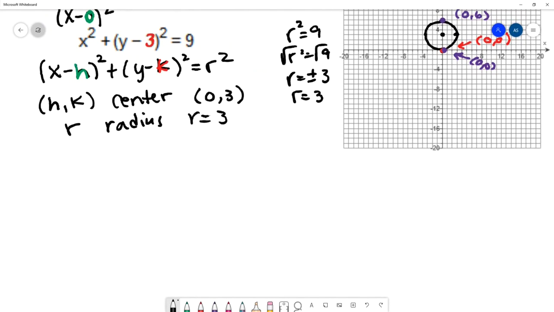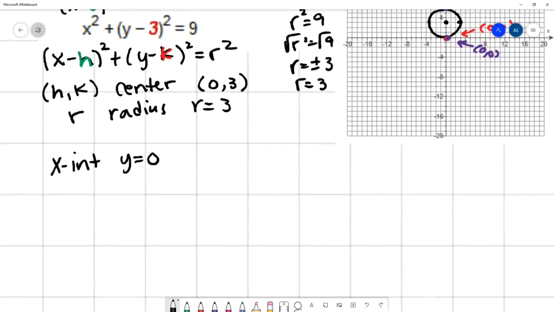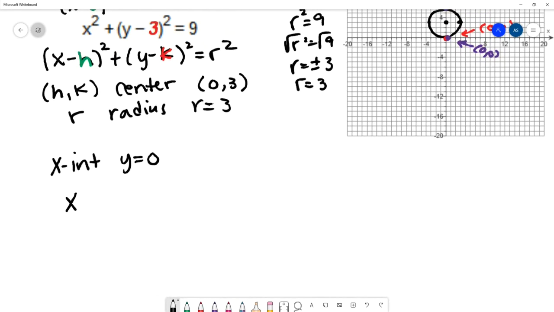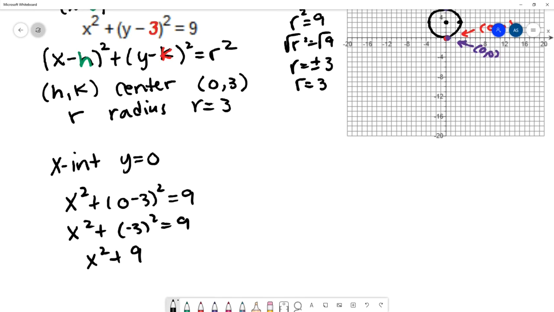So when you're looking for an x-intercept, you're going to substitute a 0 in for y. So we're going to have the equation x squared plus 0 minus 3 squared equals 9. That's x squared plus negative 3 squared equals 9. And that gives x squared plus 9 equals 9.